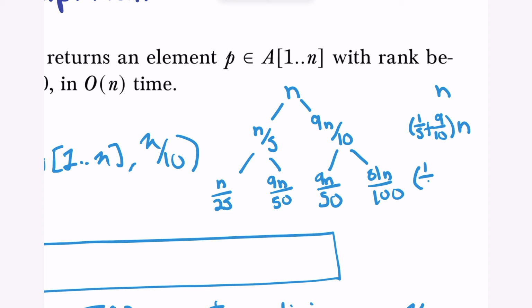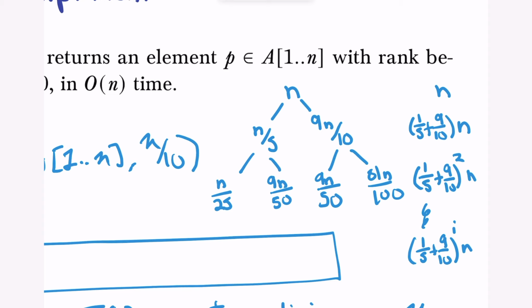Yeah. There's an easier way to see this. It'll be 1/5 plus 9/10 squared, which you can see happening in the tree, right? It's really just doing the factoring in the tree for you. And going all the way down, you're going to get 1/5 plus 9/10 to the i on the ith level.